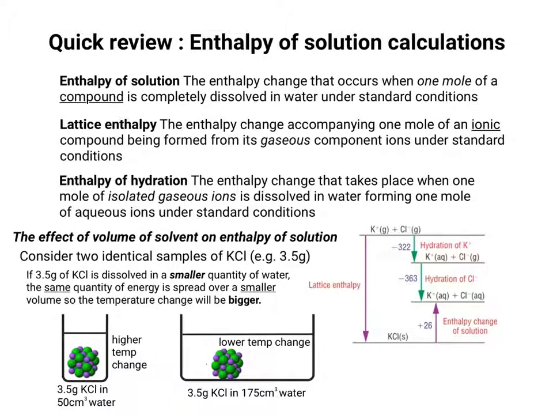So you get a smaller temperature change. The point I'm making is that an appreciation of this ratio is important for exams because they'll often ask you to explain this quite clearly.